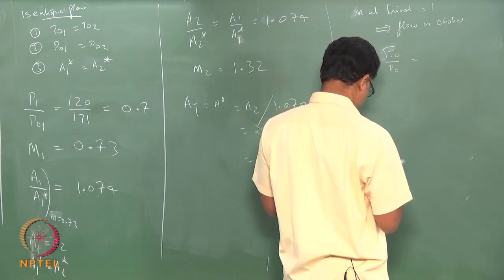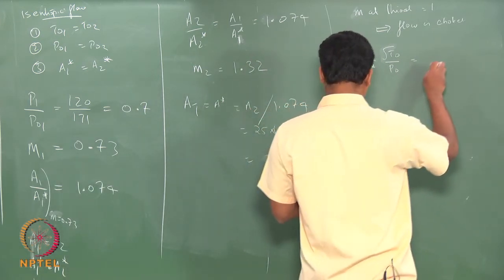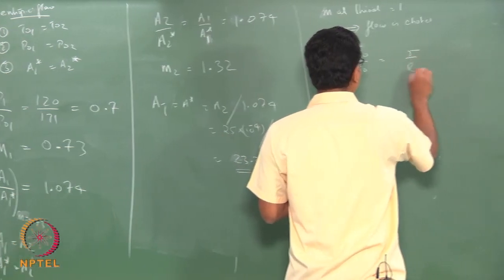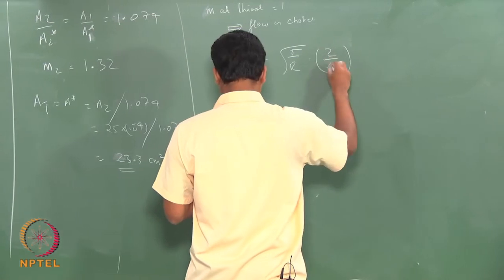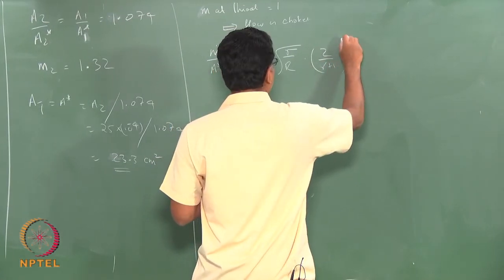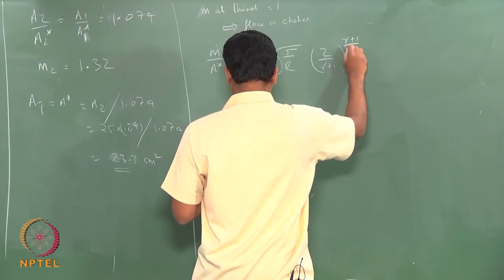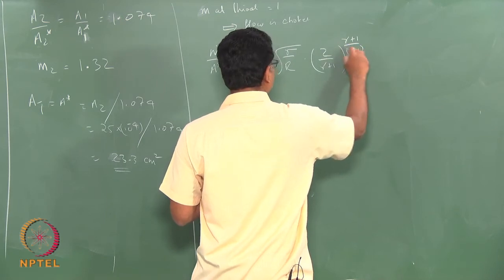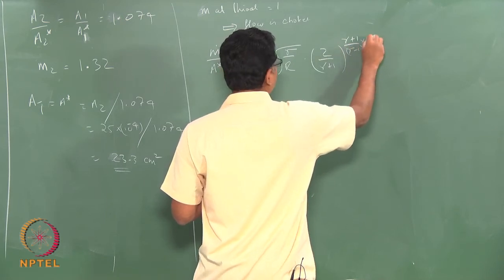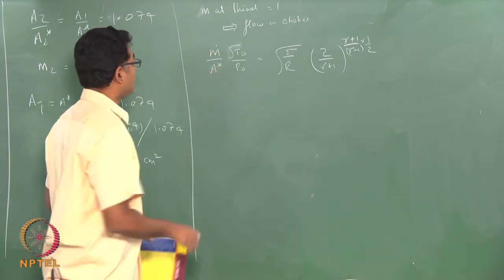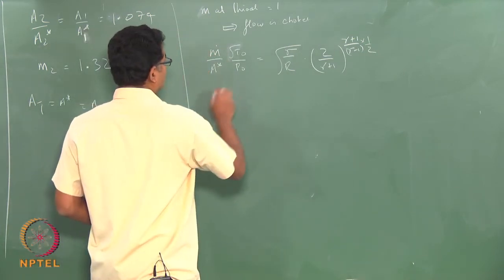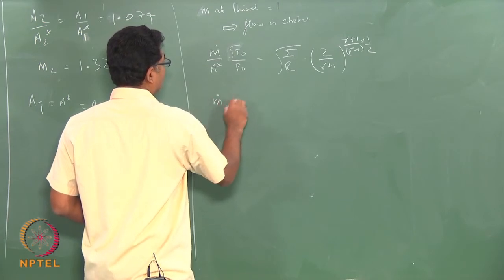Which is gamma by R, square root, into 2 by gamma plus 1 to the power gamma plus 1 by gamma minus 1, into 1 by 2. So, your m dot you can find.